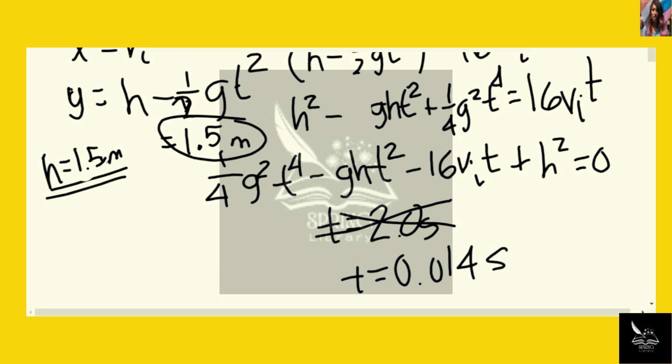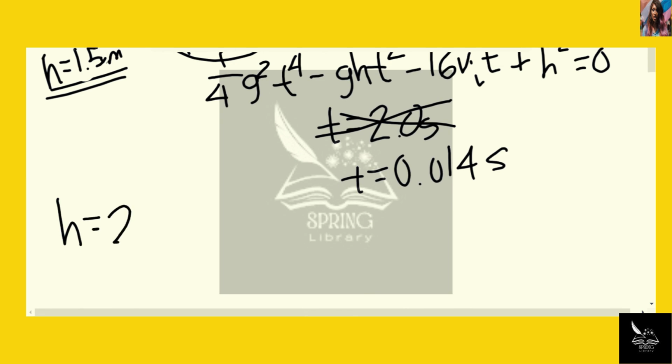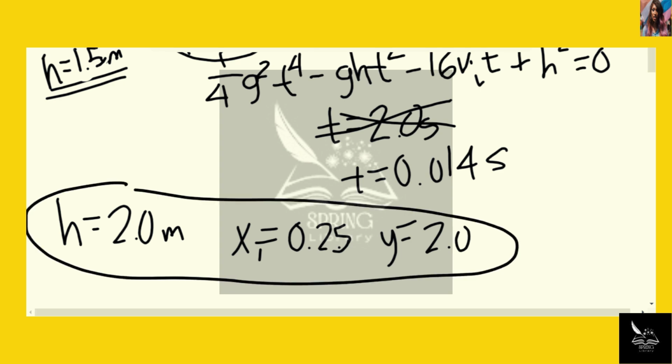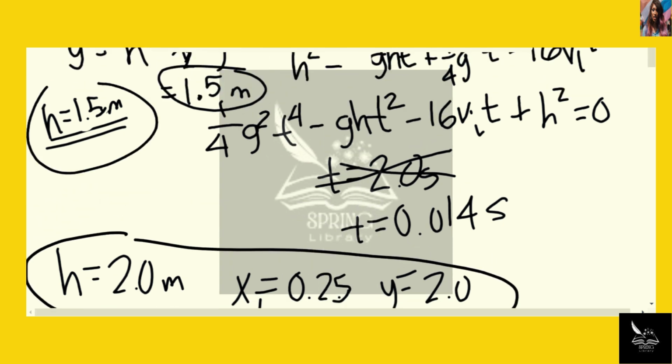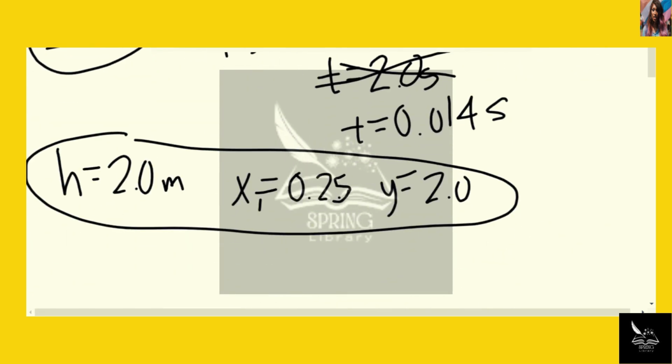And then if the time is 0.0249, that would change x to 0.25, and y is 2.0. So that's another solution, but the problem is that I don't know what h is. So it's probably either this or this. All right, thank you for watching.